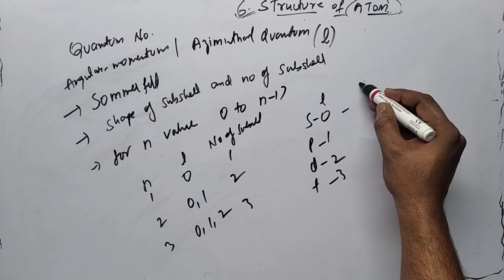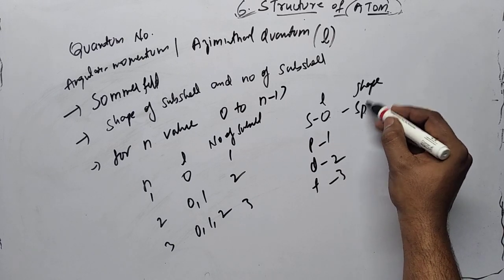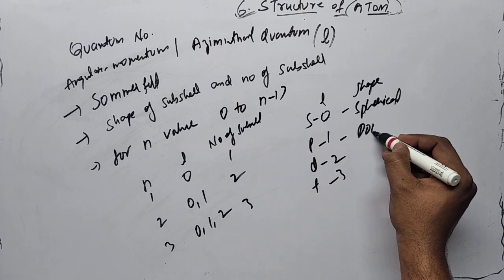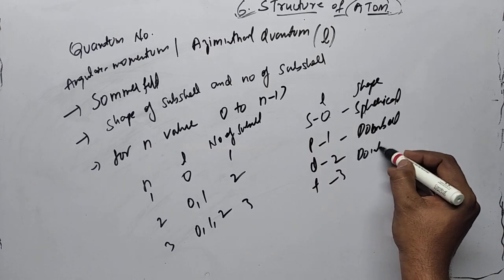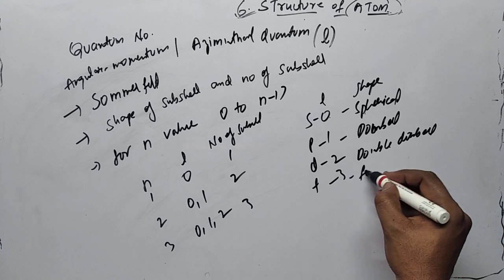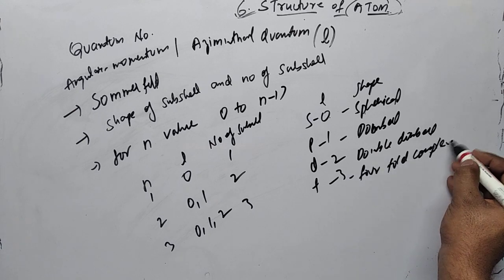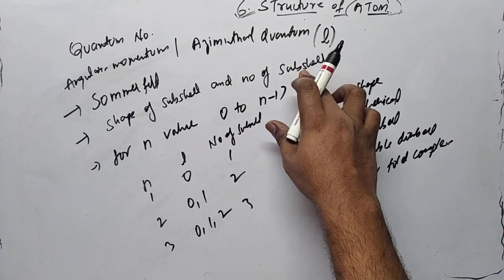These are the l values, and now you can write the shape. 0 means it is spherical, p is dumbbell shape, d is double dumbbell, and f is four-fold complex. As I told you, this angular momentum quantum number gives the shape of the subshell and the number of subshells.